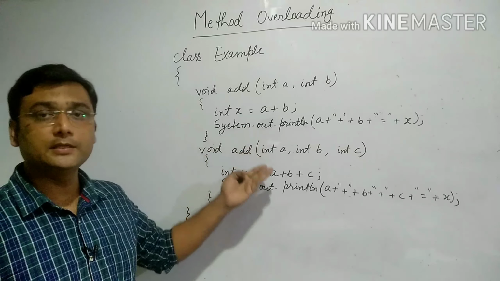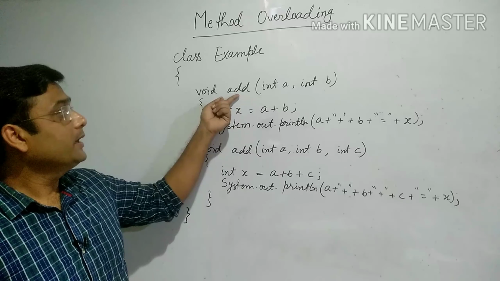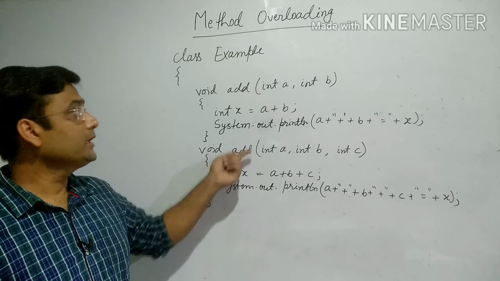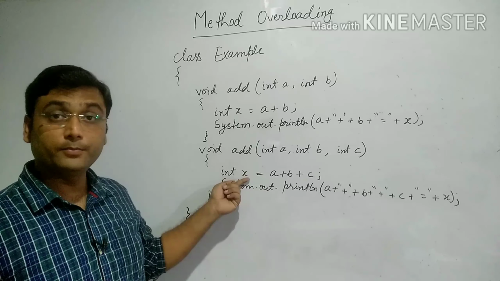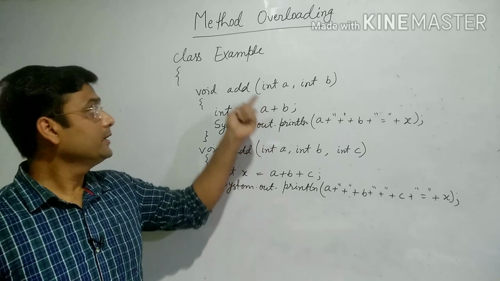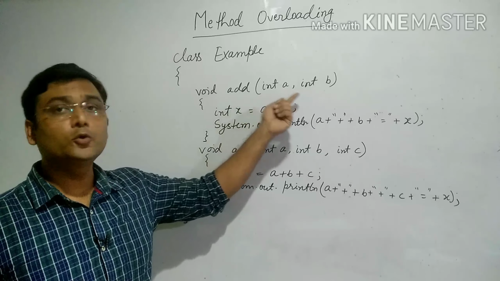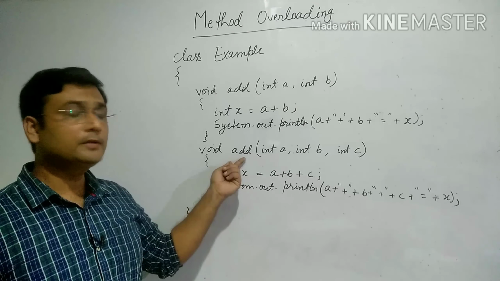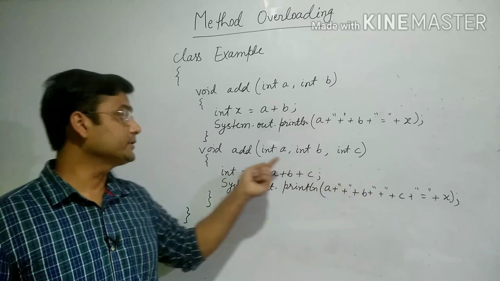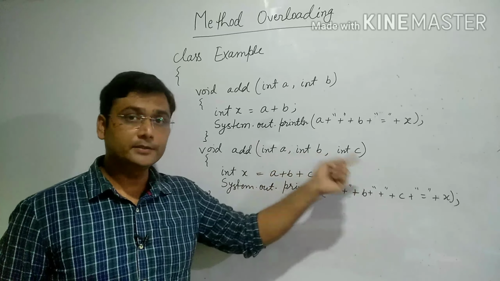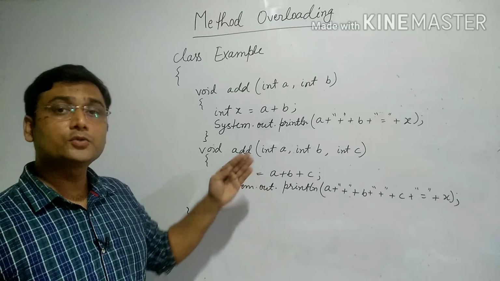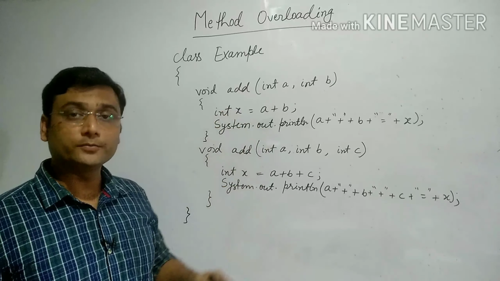Now here we will see that add is a method. Again I have written an add method. There are two add methods, but different forms are there. In the first there are two parameters, int a and int b, and in the other there are three parameters, int a, int b and int c. That means method add is showing two forms.